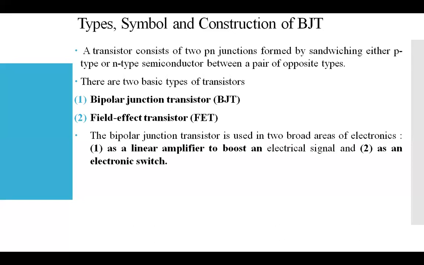In the BJT, there are two broad areas of application. The first is as a linear amplifier circuit to boost an electrical signal. That is the first purpose of the BJT. The second is as an electronic switch. So you can go for either amplification or switching.